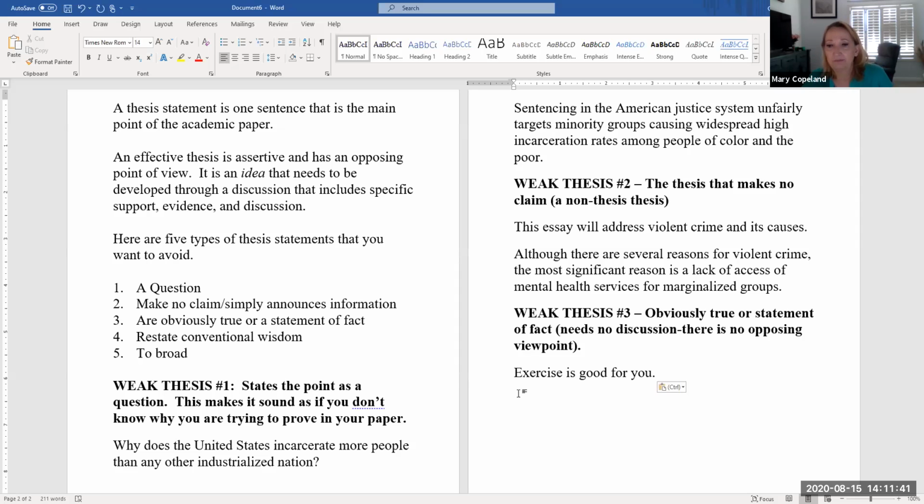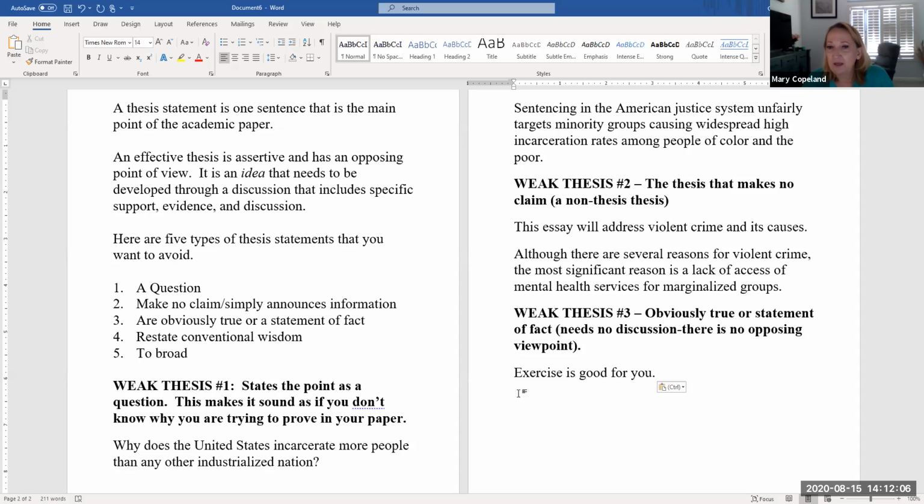Exercise is good for you. Terrible thesis statement. It's obviously true. Sure, you can argue that there are some people, maybe with some physical limitations or certain elderly people, that don't benefit from exercise. But generally speaking, all of the data is out there.